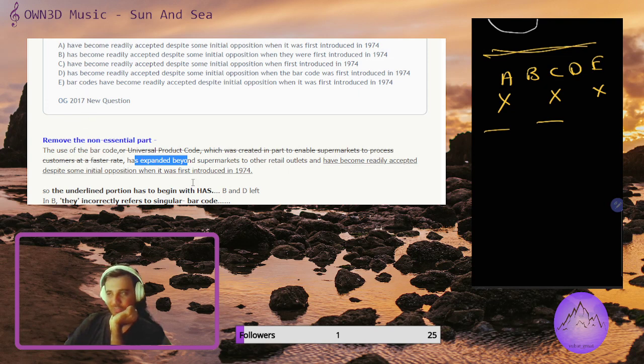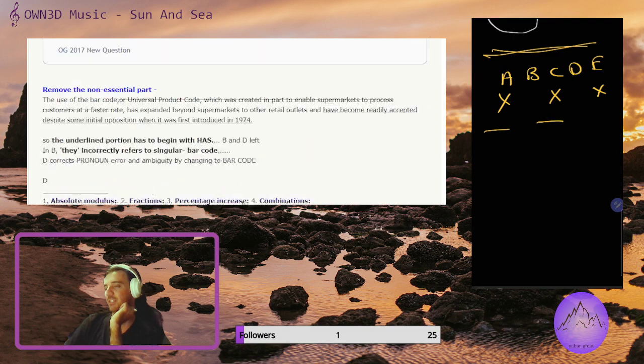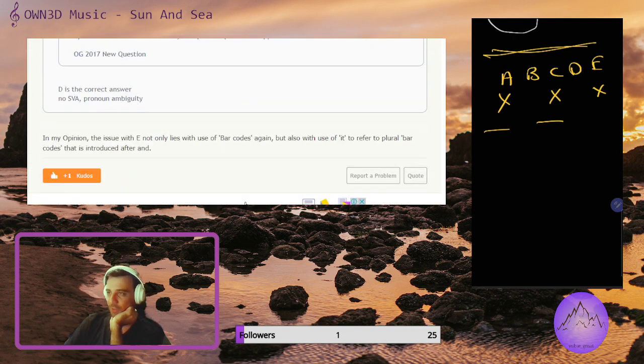I'm still not 100% sure that that's right, but anyway. They incorrectly refers to singular use. That's the singular, not barcode. Anyway, D corrects pronoun error, which is what that one was, and ambiguity by changing to barcode. D is correct. Yep. More or less the same logic I went through.